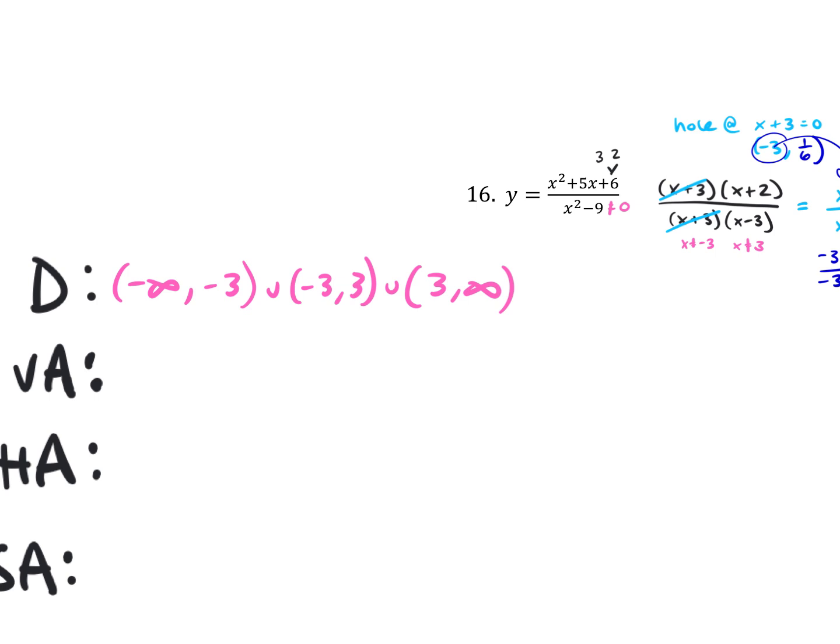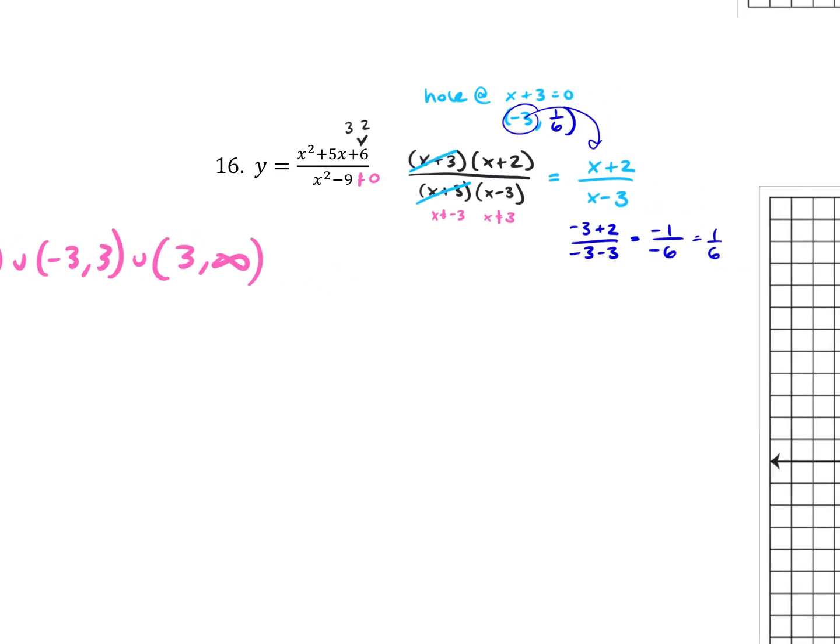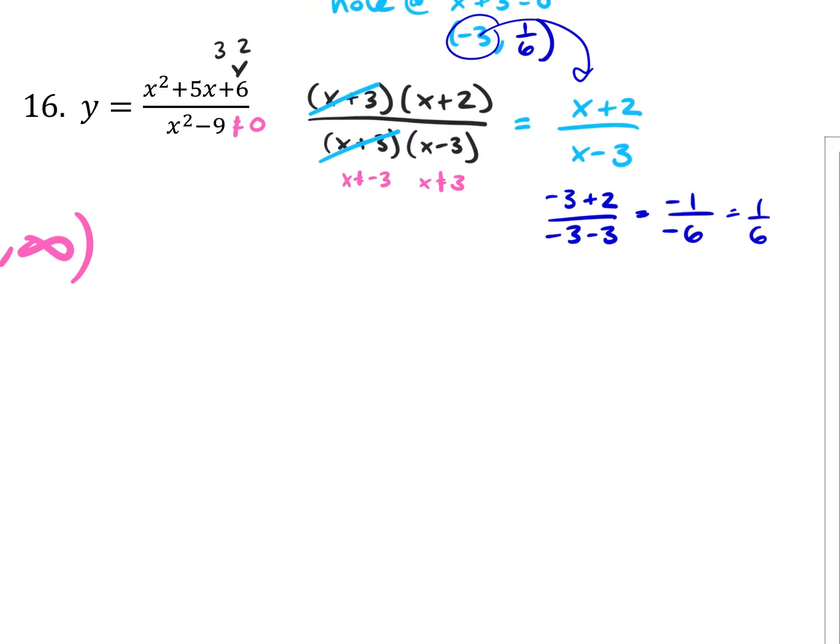Now for our vertical asymptotes, what would we do? Vertical. We make the denominator equal to 0. But here we'd want to do the simplified version equal 0, because we're not going to have a vertical asymptote through the hole.